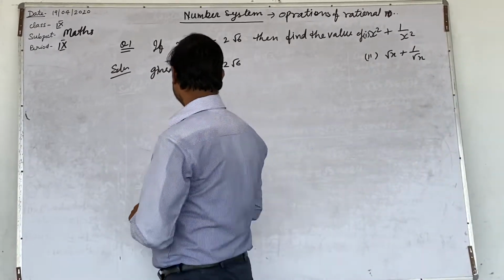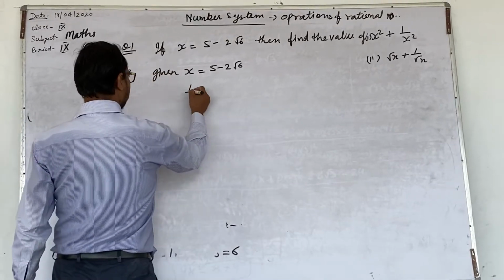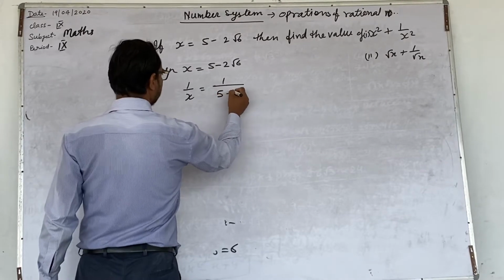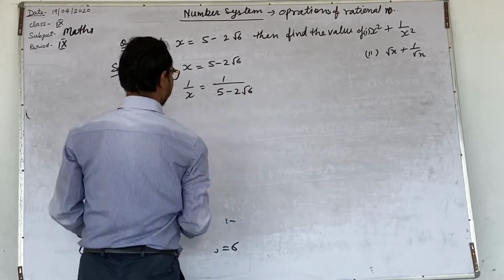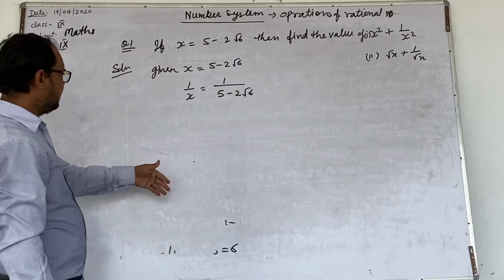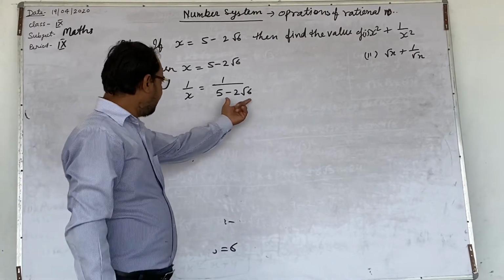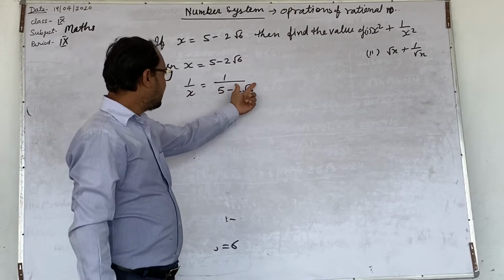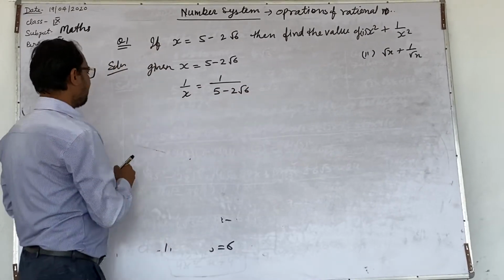This x equal to this, and so 1 upon x equal to 1 upon 5 minus 2 root 6. Right? In the last process we have seen that we should rationalize this denominator. For rationalizing this denominator, what can we do?